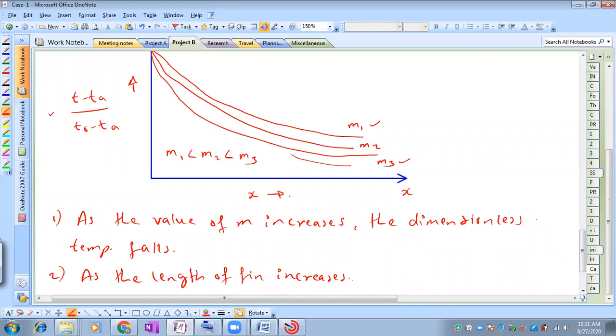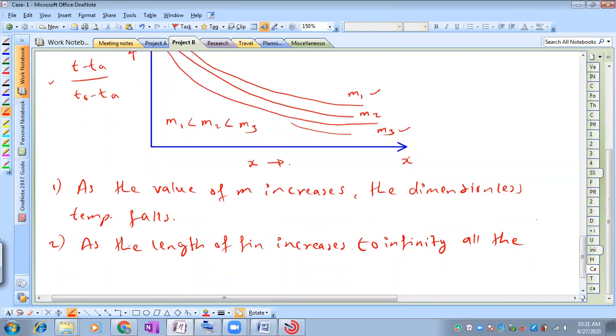If the length of fin increases to infinity, as we had considered, I can say all the curves approach zero. Are you getting me? They approach zero.